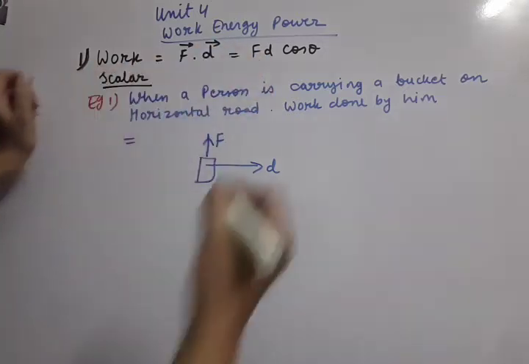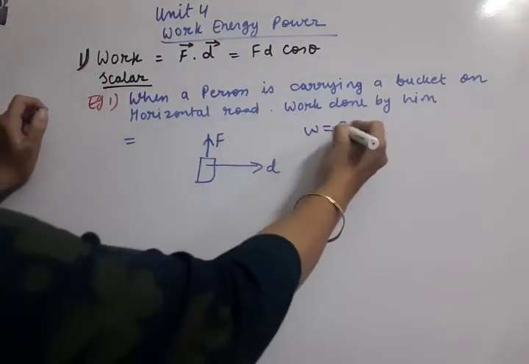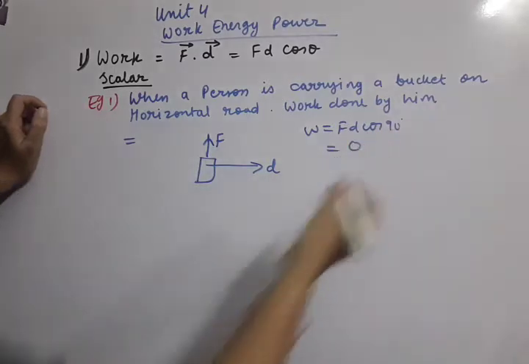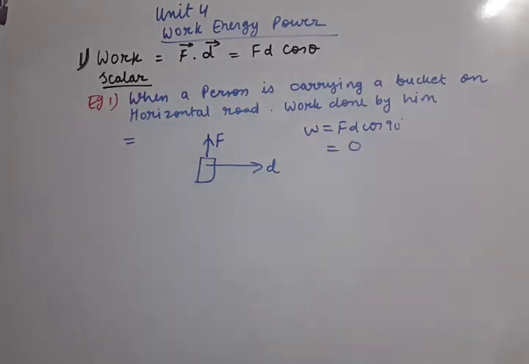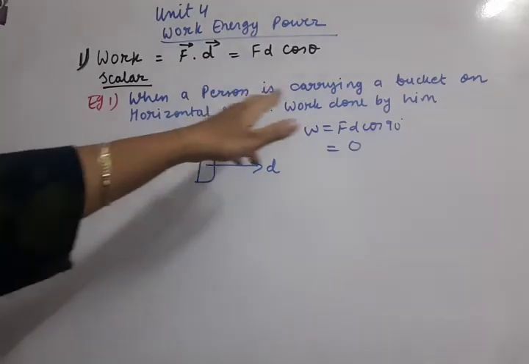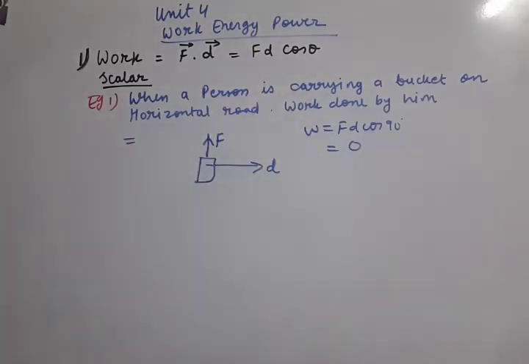If we apply the work done formula, FD cos 90 degrees, and remember cos 90 is 0. That's why the answer of work done is 0. We generally take the example that a coolie is carrying some load over his head.